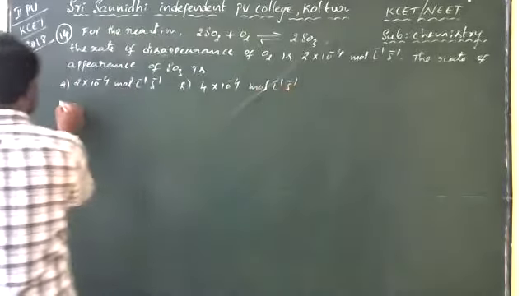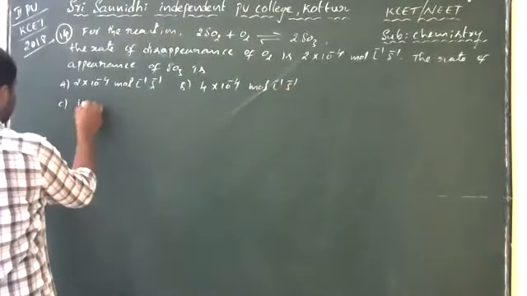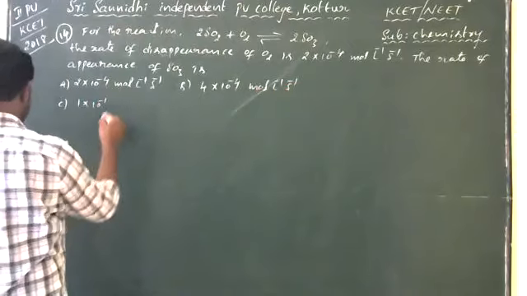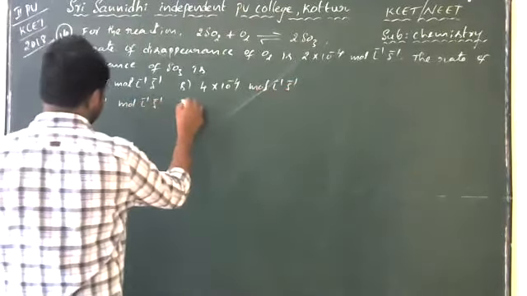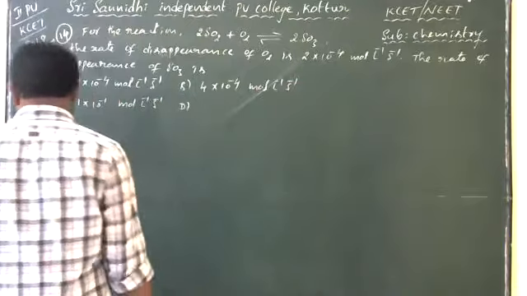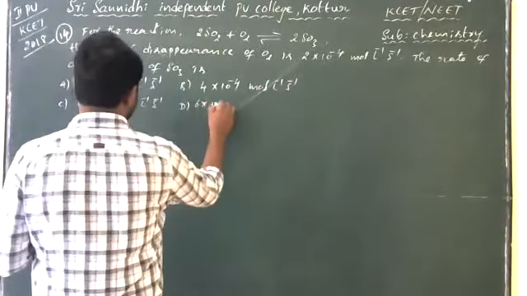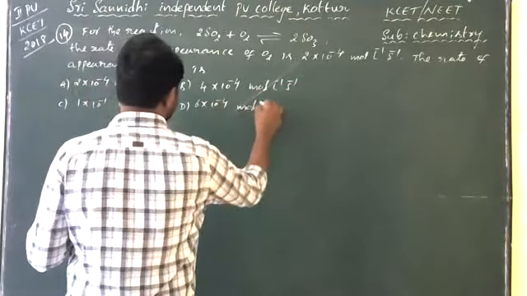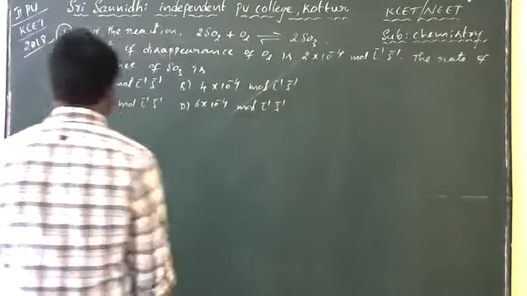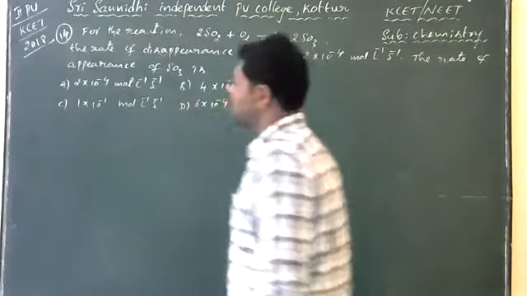Option C is 1 into 10 power minus 1 mole per liter per second. And option D is 6 into 10 power minus 4 mole per liter per second. Read the question here.